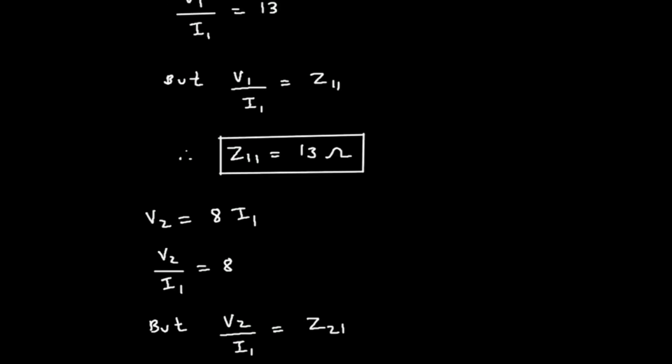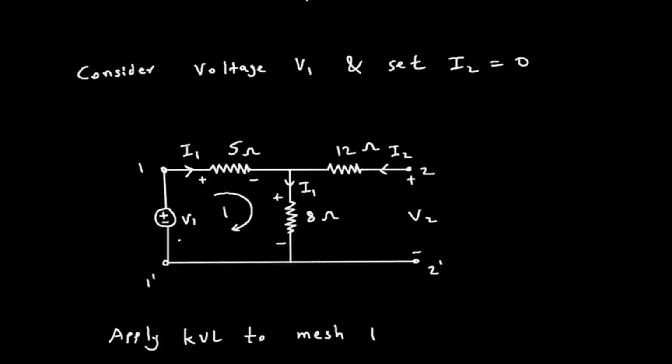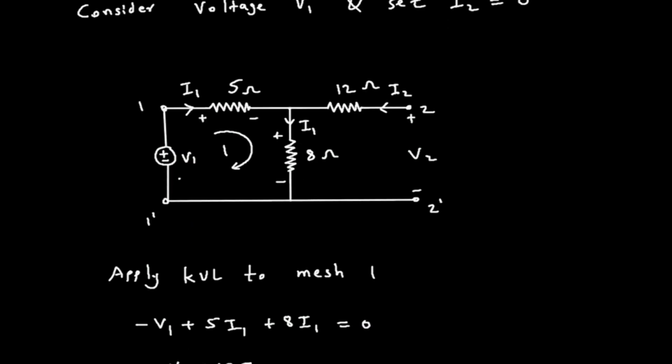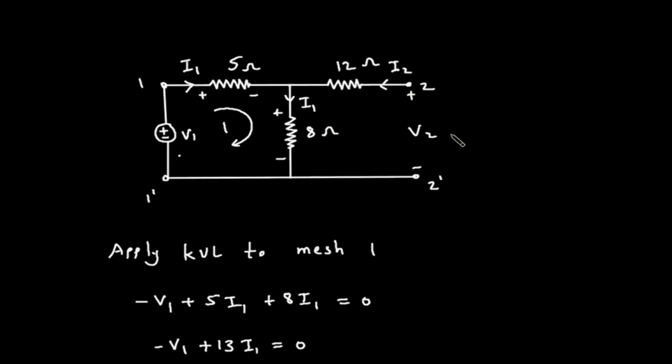Now the first condition is over, where we considered voltage V1 and set I2 equal to 0. Now the next condition is we will consider V2 and set I1 equal to 0, or port 1 as open circuit. First we considered port 2 as open circuit, and now we will consider port 1 as open circuit.